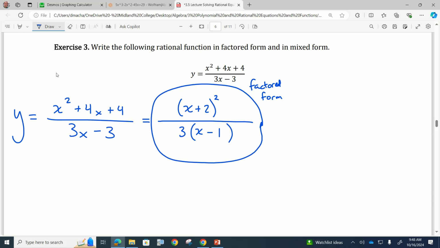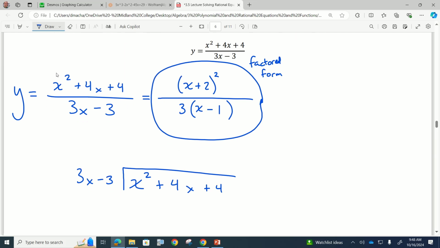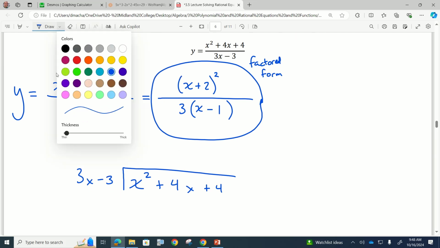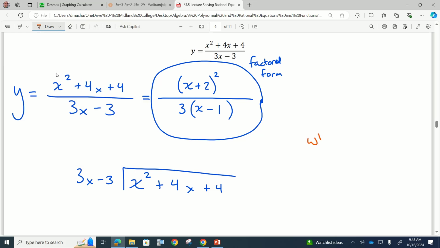Now to put it in mixed form, it's just another long division question. And I say the question, what times 3x gives x squared?